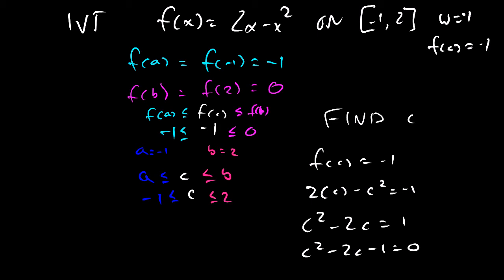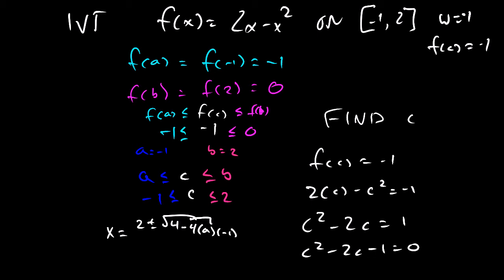That's unfortunate, because that means we need to do the quadratic formula. I can't think of any quick factors there. So if we do the quadratic formula, x is equal to -b, which is 2, plus or minus the square root of b squared, which is 4, minus 4 times a times our -1.